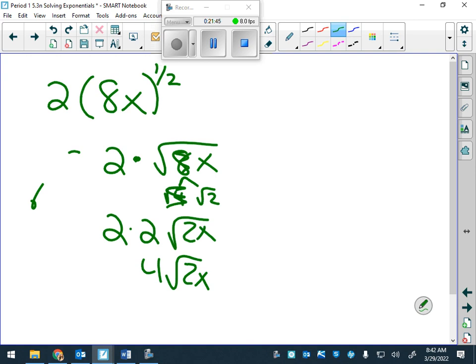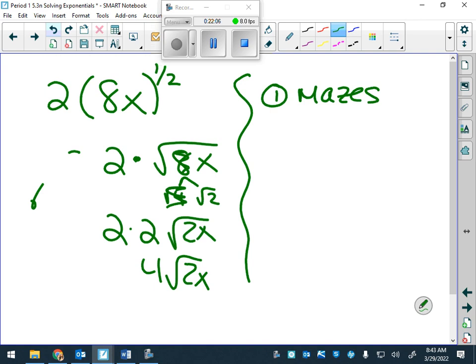Right? So your homework, okay? You have the mazes. If you did not get one, when I'm done, come up and grab it. Okay? So, one, the mazes, it's front and back. Okay? Then, page 8 through 10, I'm going to give you the specific numbers. 1 through 5.